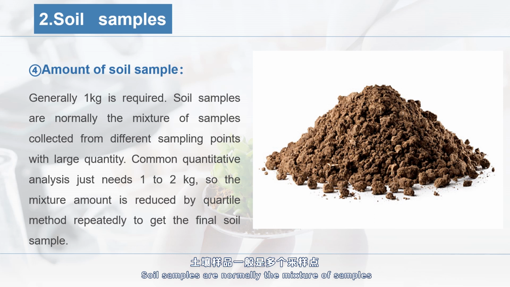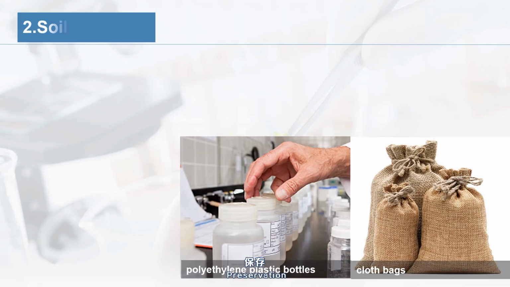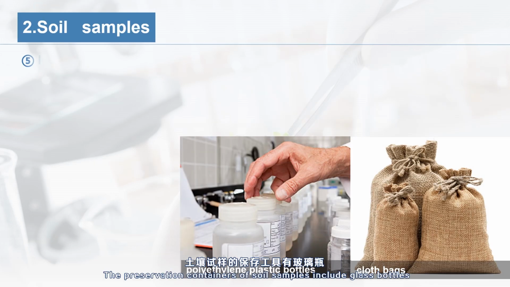Soil samples are normally the mixture of samples collected from different sampling points with large quantity. Common quantitative analysis just needs 1 to 2 kilograms, so the mixture amount is reduced by quartile method repeatedly to get the final soil sample. Preservation. The preservation containers of soil samples include glass bottles, polyethylene plastic bottles, and cloth bags.